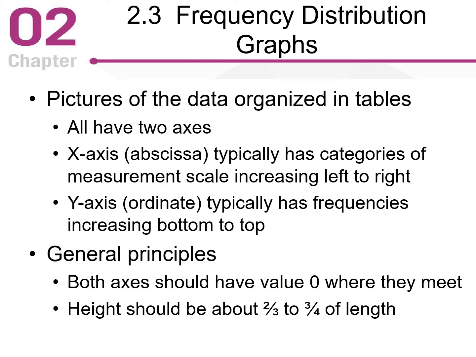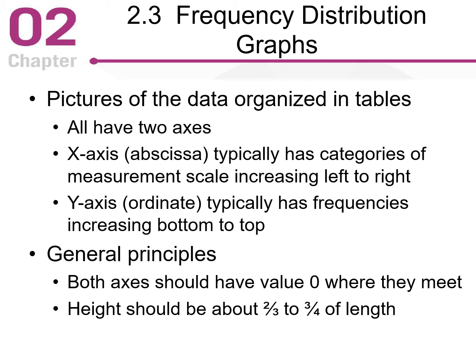Now that you've come up with the frequency distribution, which is relatively easy, and you've computed the f column, the p column, and the percentage columns, you could then transform this into a graph. Your graph is going to have two axes, the x-axis, which is called the abscissa, and the y-axis, which is called the ordinate.